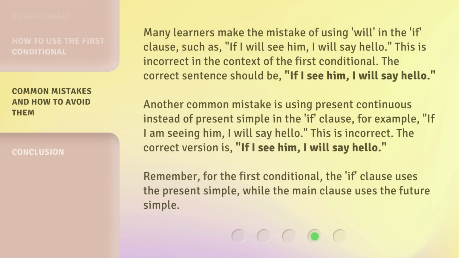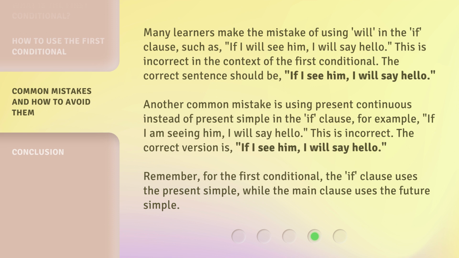Many learners make the mistake of using will in the if clause, such as, if I will see him, I will say hello. This is incorrect in the context of the first conditional. The correct sentence should be, if I see him, I will say hello. Another common mistake is using present continuous instead of present simple in the if clause.